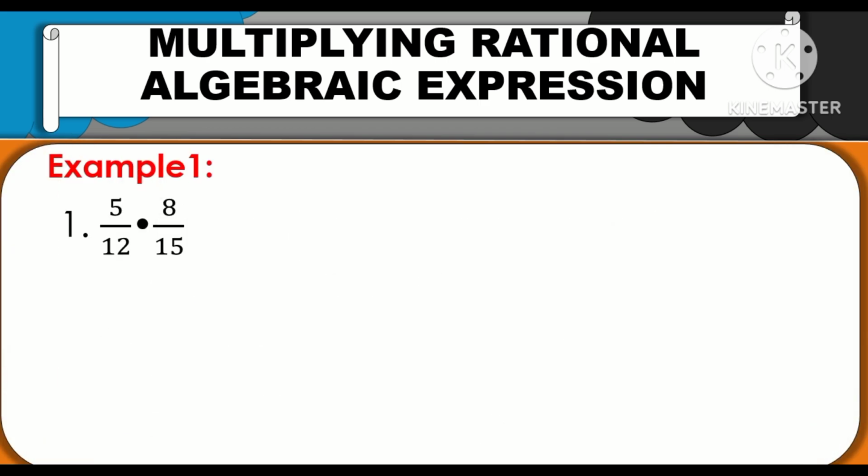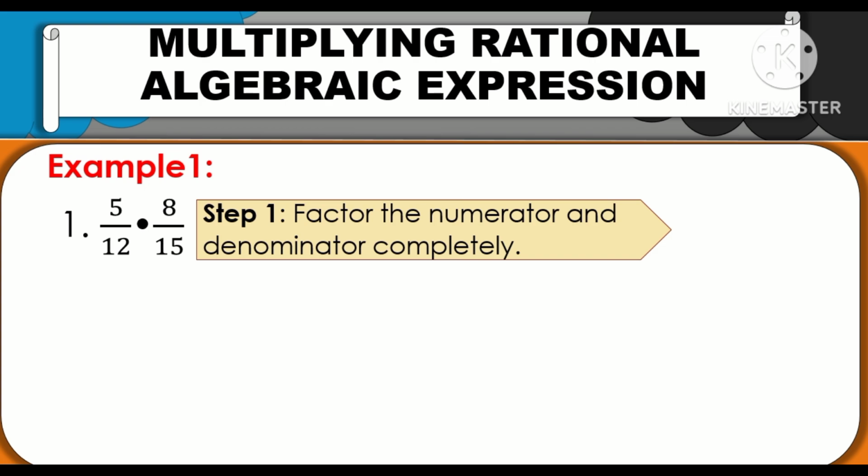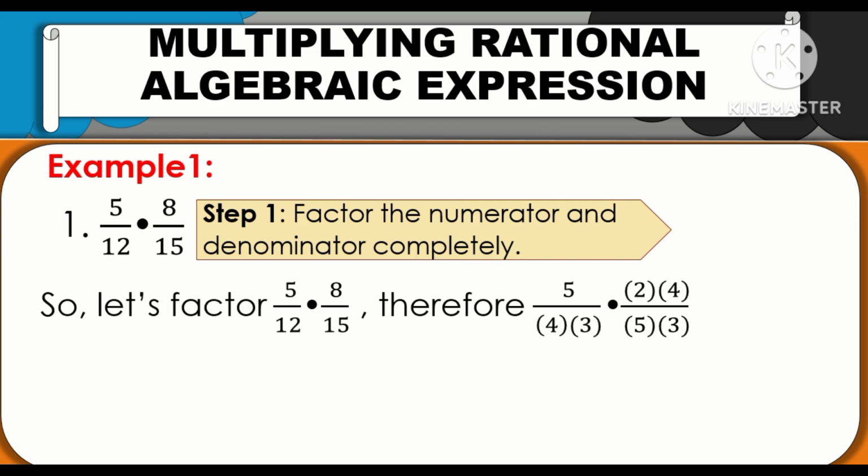We have an example here. Number 1, 5/12 times 8/15. First, what we are going to do is factor the numerator and the denominator completely. So let's factor 5/12 times 8/15.